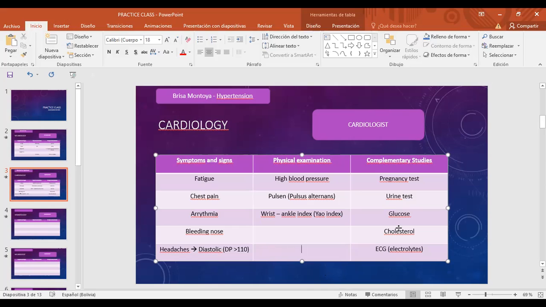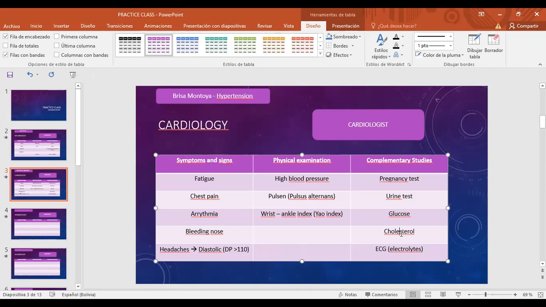So anything else you would like to add about hypertension? What organs does this disease affect in the long term? The kidneys, yes. The baby too, when it's a pregnant woman.